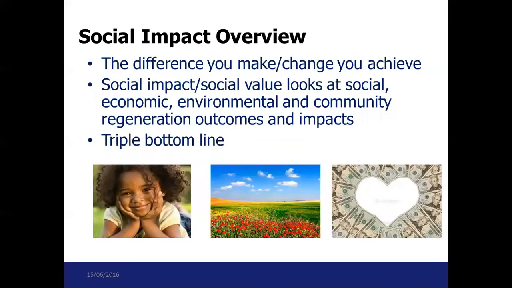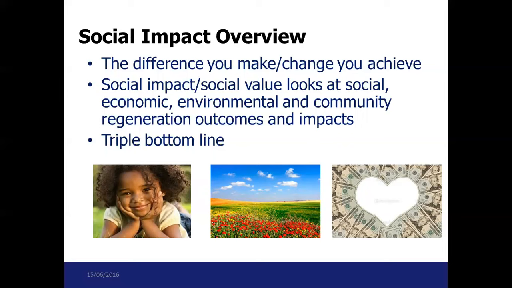In terms of what social impact is, it's really looking at the difference that you make as an organisation, so the change that you achieve for people, the planet, or for the community or the economy. So there are 4 levels of outcomes and impact that I look at when I do reporting, and I recommend that you also do that.